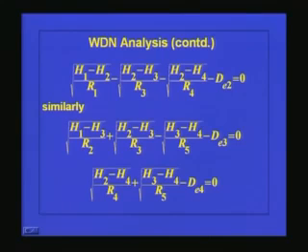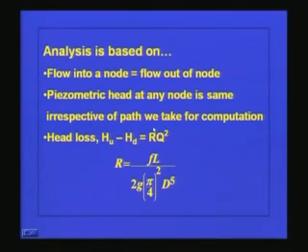Once I solve for H2, H3 and H4, I go back to my resistance equation. In any pipeline, I know the flow rate is proportional to the head at the upstream node and the head at the downstream node. For any particular pipe, I know what the upstream node and the downstream node are.